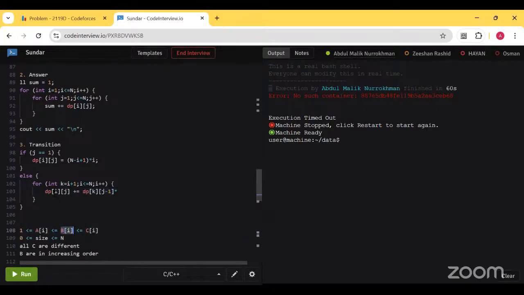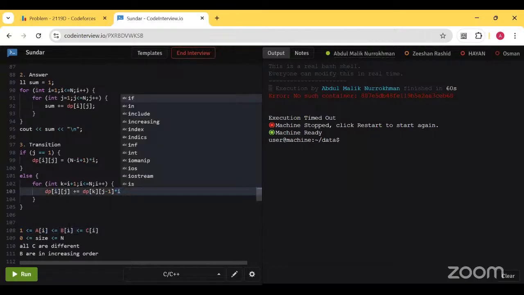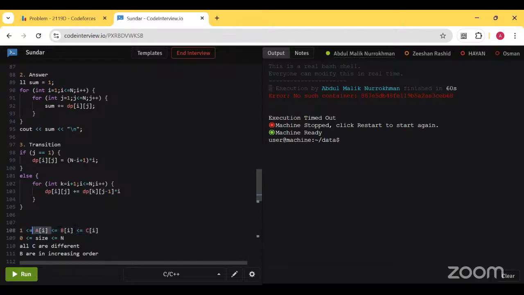After getting the value for this configuration, we will think about the first value. Okay, P1 is equal to I. So there are I possibilities for A1. And do you know how many possibilities for C1?